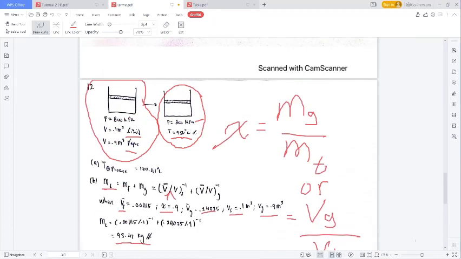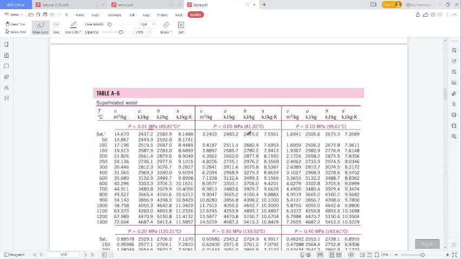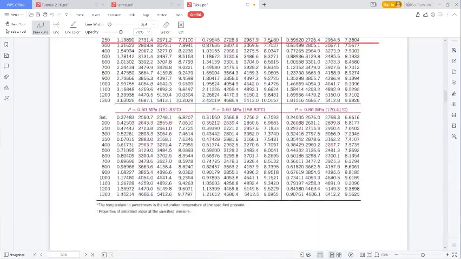So you go to table A6 at 800 kPa. We need to convert into megapascal because the table uses megapascal, so we get 0.8 megapascal. Refer to the table.